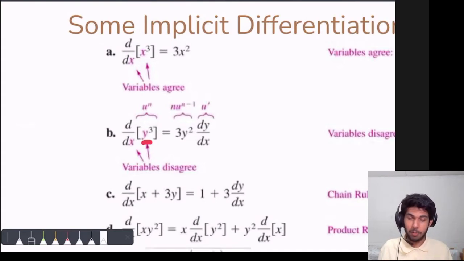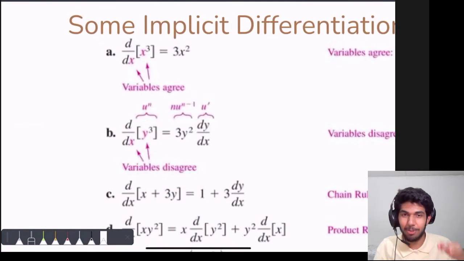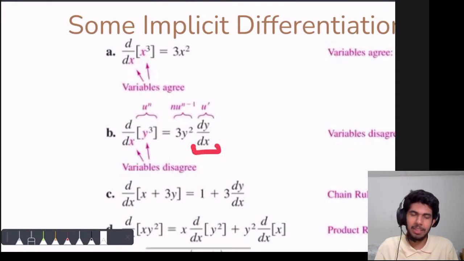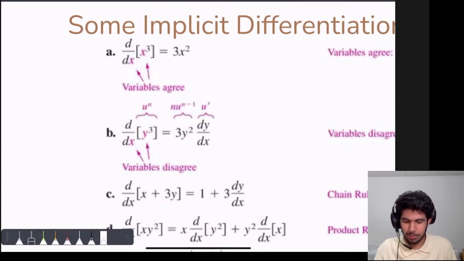So the derivative of y with respect to x is dy dx. That's literally what it means, the derivative of y with respect to x. So this requires the chain rule. This looks very familiar here, right? That's just this, except with a y. But we have to multiply it by this dy dx term, just because the variables don't agree there.